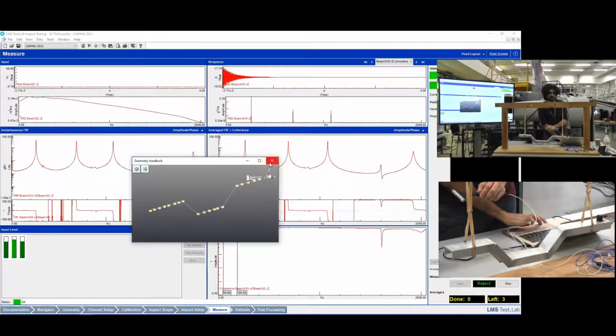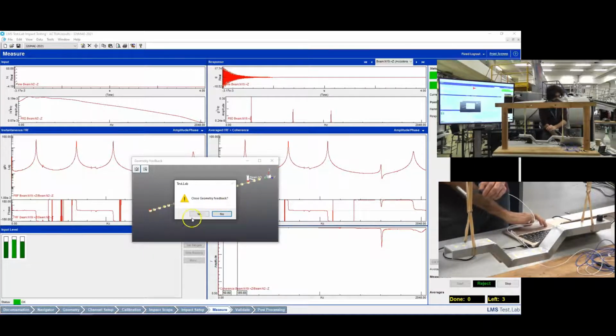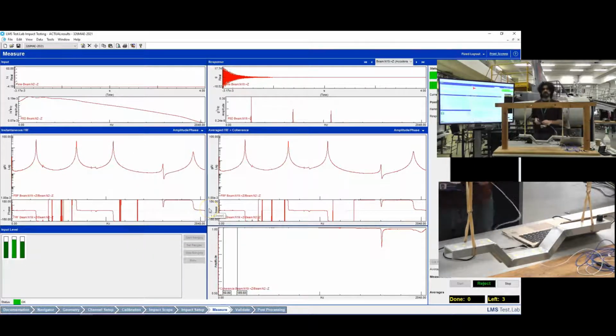Now of course for a beam it's very easy to keep track of these, but if you have a larger or more complex structure like a curved structure or an airplane or a car frame, anything else, it might be useful to have this geometric feedback. So even if you take a break in between strikes, you know exactly where you want to strike next. So 0.3, this one.